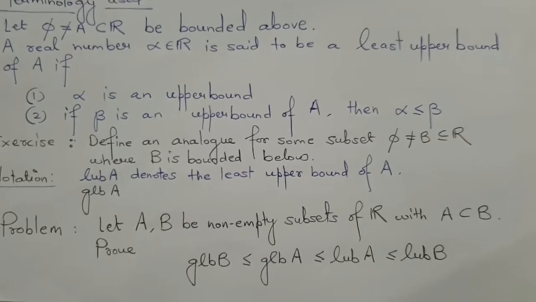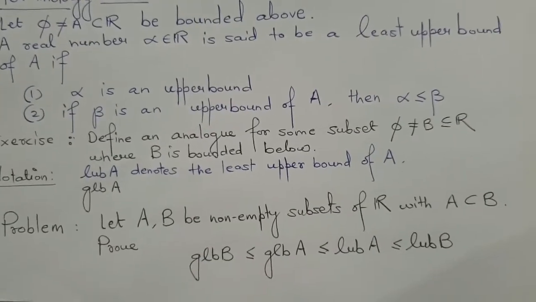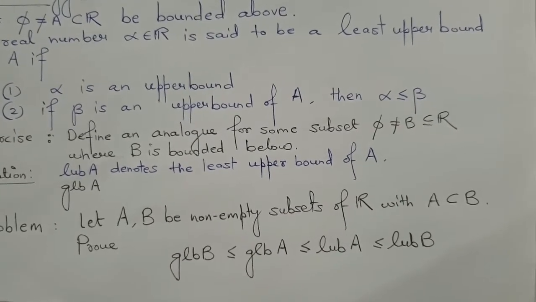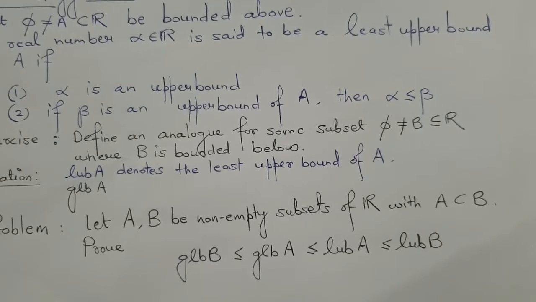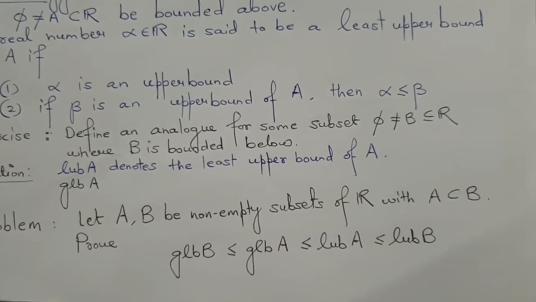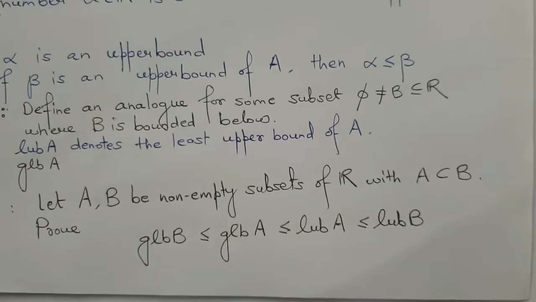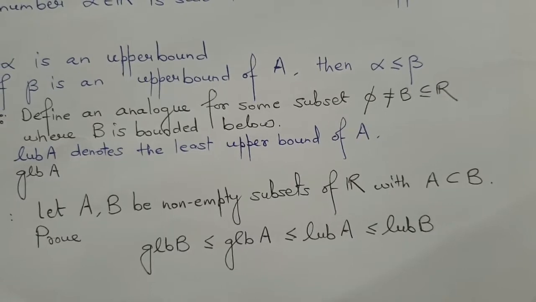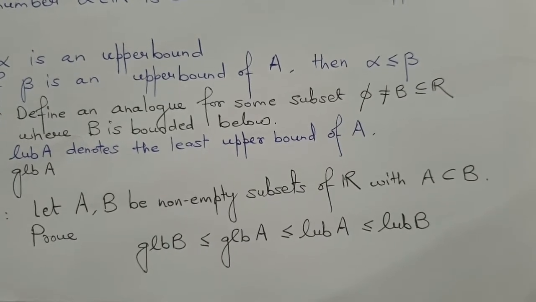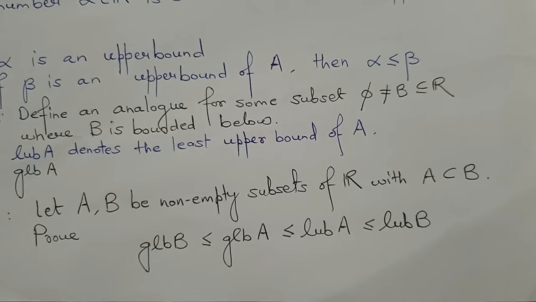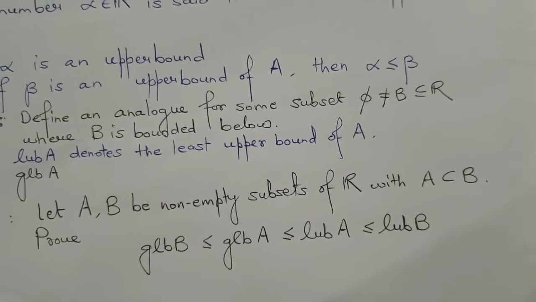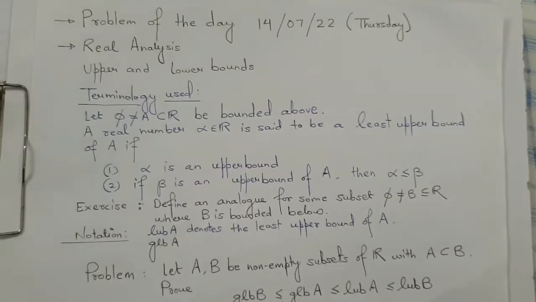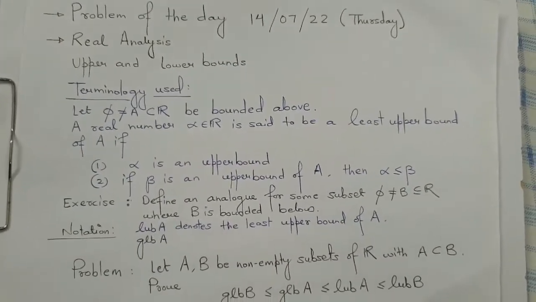Given any two non-empty subsets A and B of the real number line R with the property that A is a subset of B, we have to prove this inequality: the greatest lower bound of B will always be less than or equal to the greatest lower bound of A, which will always be less than or equal to the least upper bound of A, which will be less than or equal to the least upper bound of B. So this is the problem I want you to prove using the above terminology.